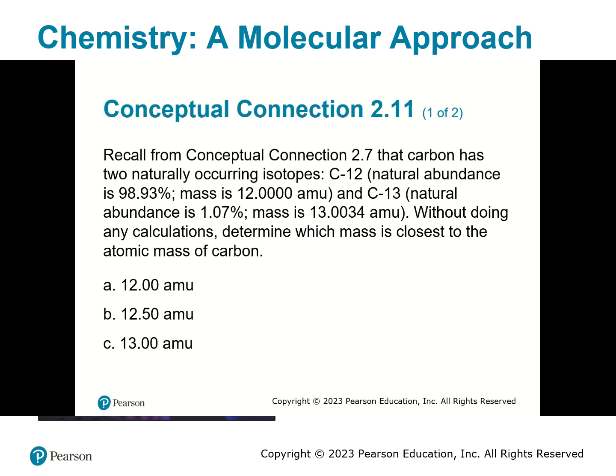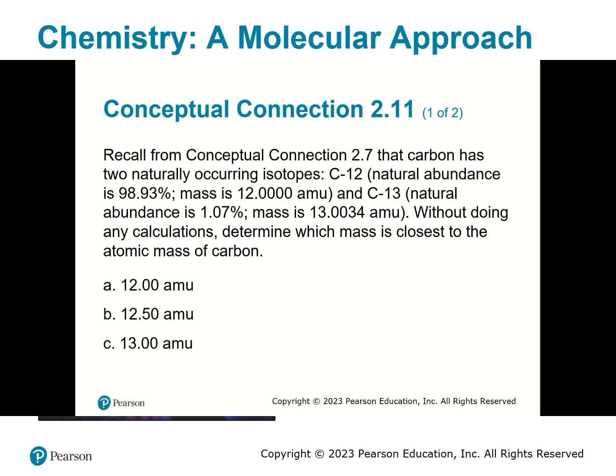So let's recall and test your knowledge over here, without doing any calculation. We have carbon 12, natural abundance 98.93%, mass 12, and carbon 13, natural abundance 1.07%, mass 13.0034.